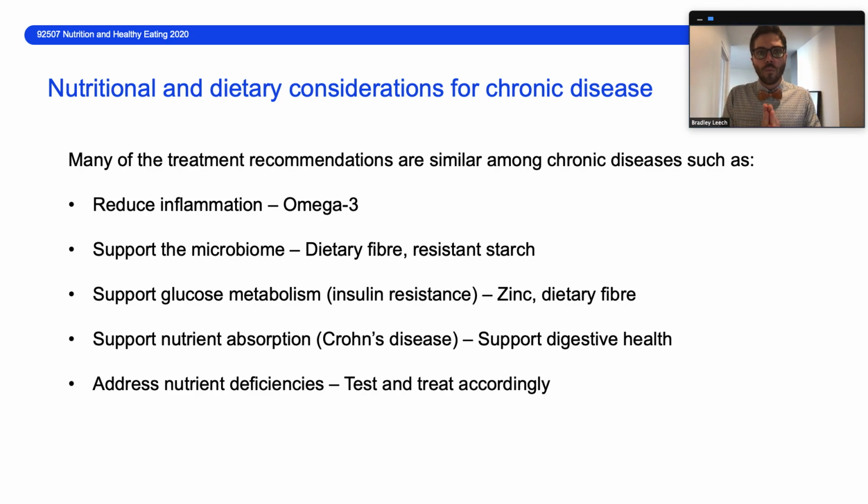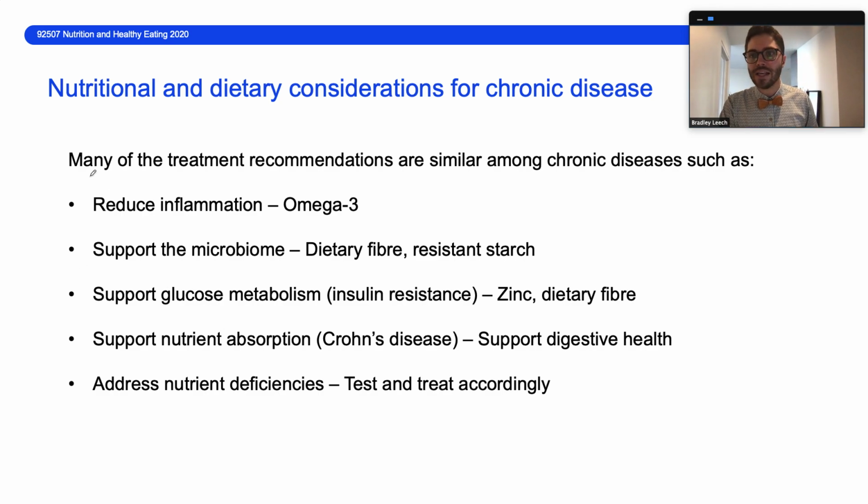Okay, so what are the treatment recommendations for chronic disease? There are a number of considerations that we would like to address for the prevention and the management of these chronic diseases. Broadly speaking, there's about 5 main factors that we'd want to address. And we're going to go through these and I'll give more details.